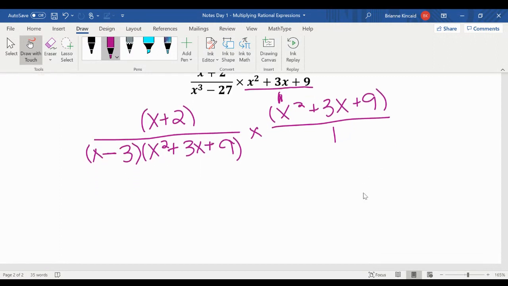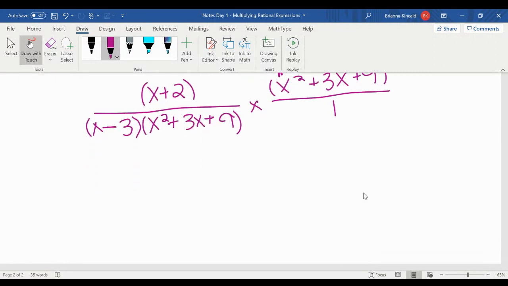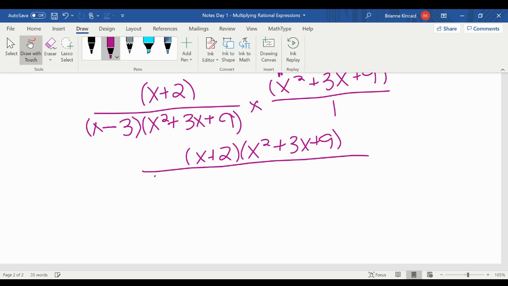Okay, once I factored, I combine it as one single fraction. Once again, if you want to skip this step, you are more than welcome to do that. I'm going to include it just to be consistent.